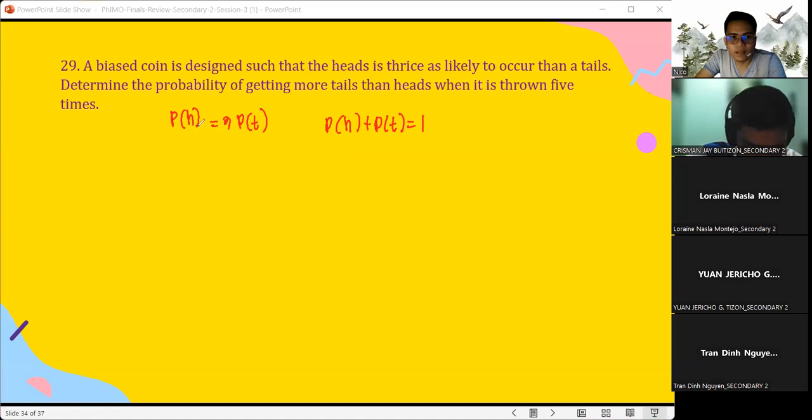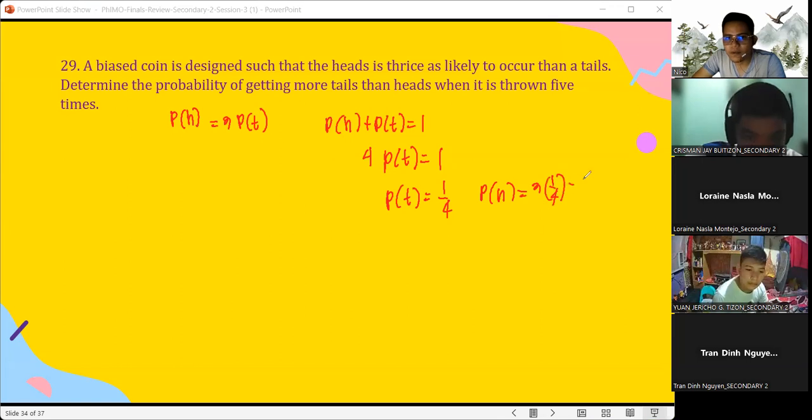But the probability of heads is 3 times PT. So 4 times the probability of getting a tail is equal to 1. So the probability of getting a tail is 1/4, right? So the probability of getting a head is 3/4.